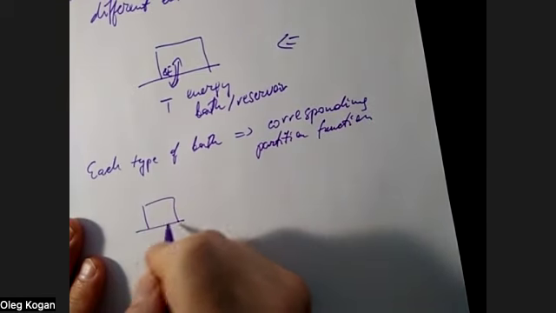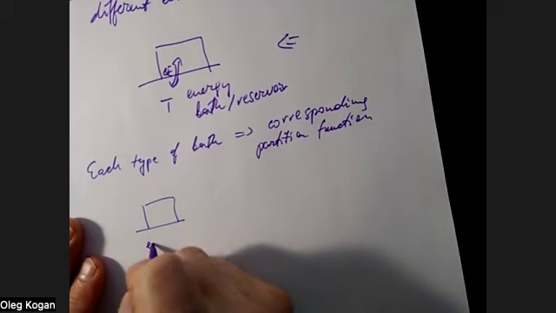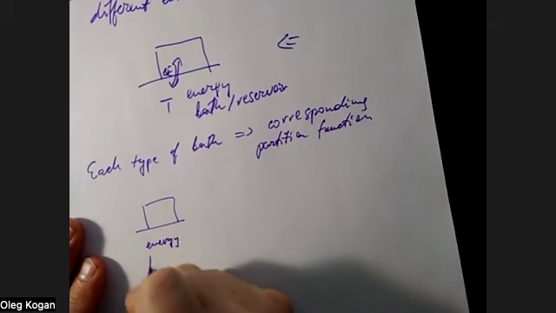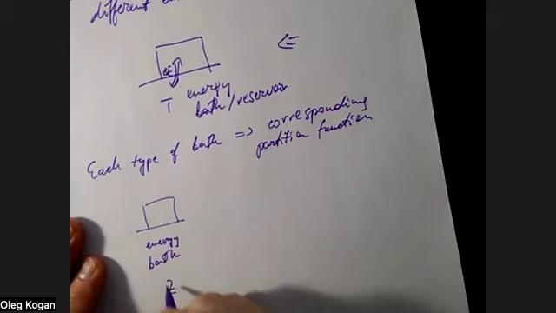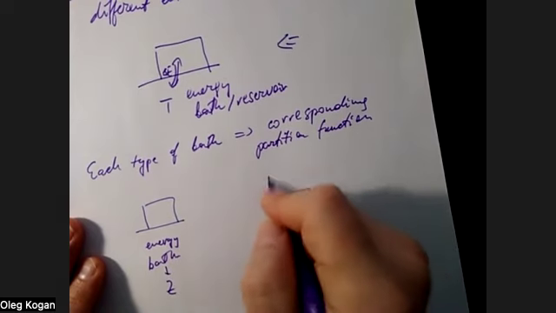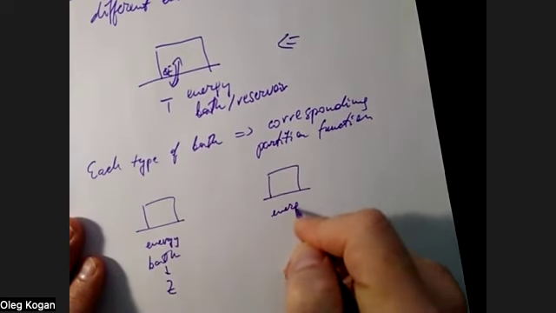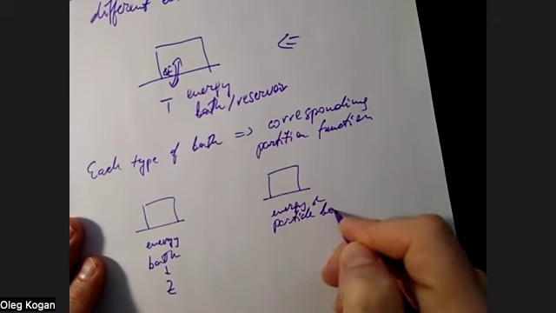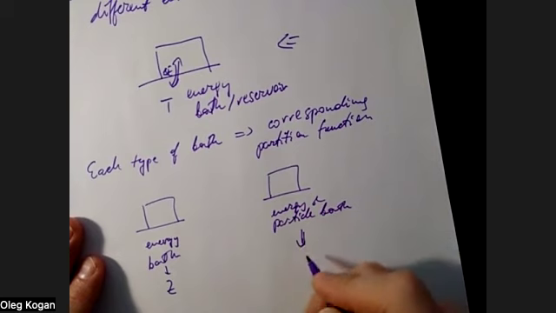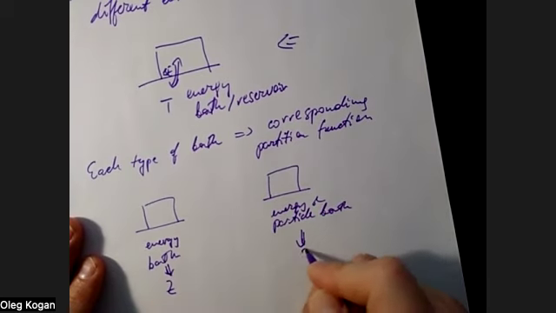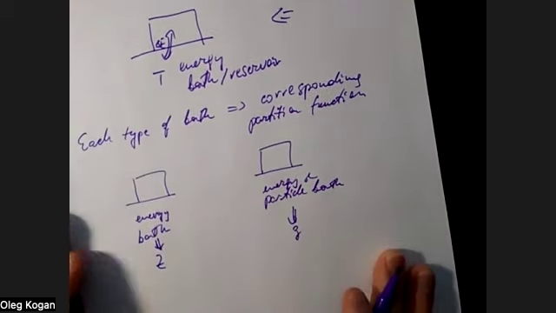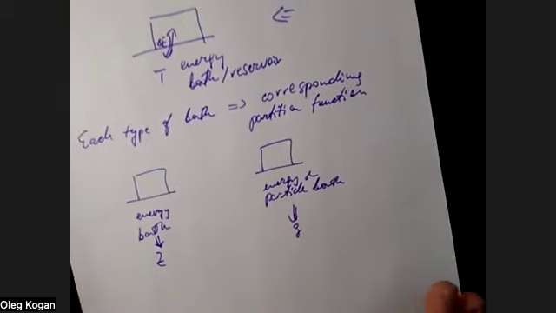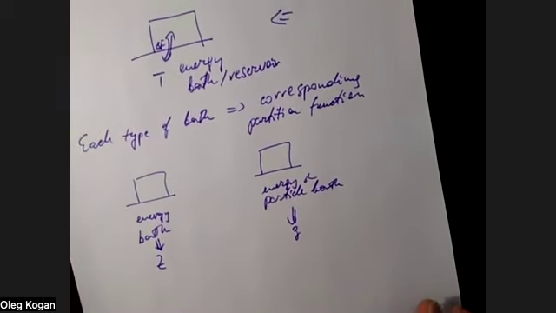So this situation has a partition function Z, and this, the energy and particle bath, has a partition function, the grand canonical partition function, the script Z.